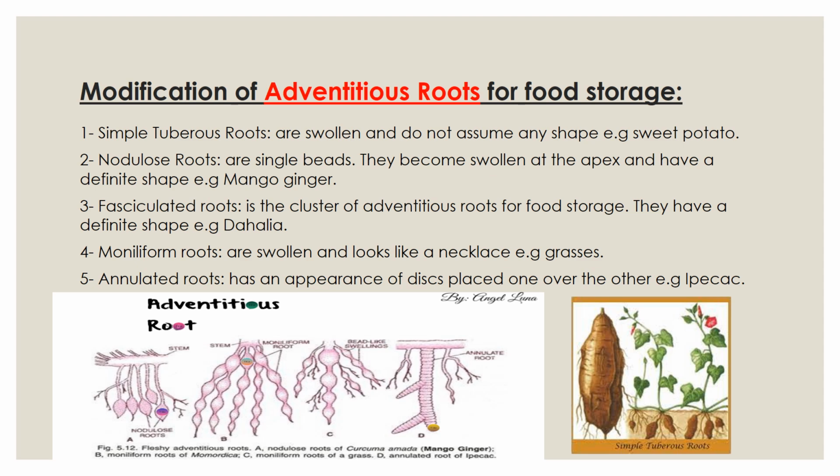For example, the first one is for food storage. We have 5 types of modifications of adventitious roots for food storage. Number 1 is simple tuberous roots.